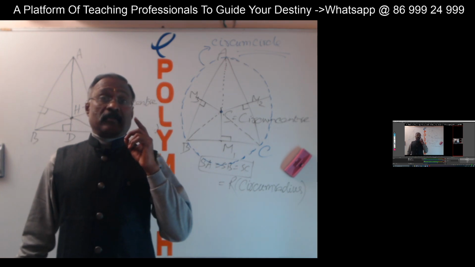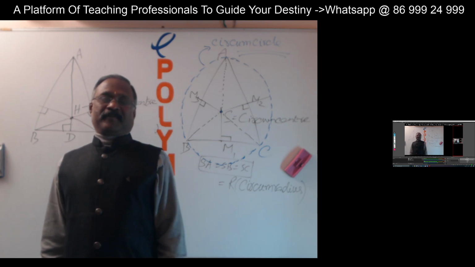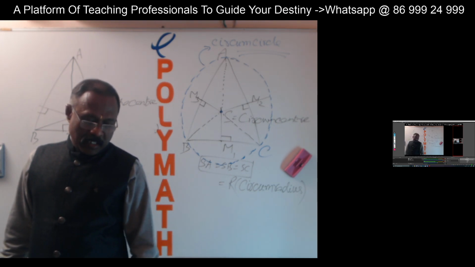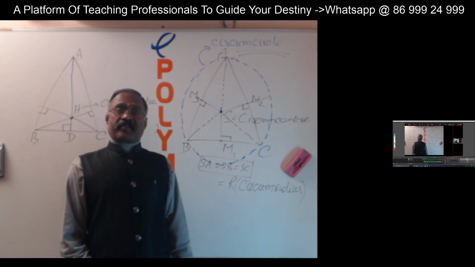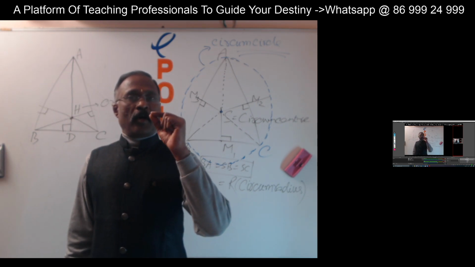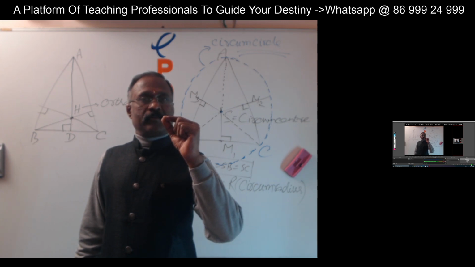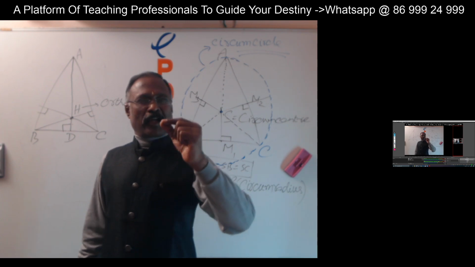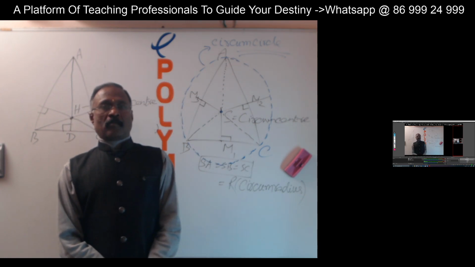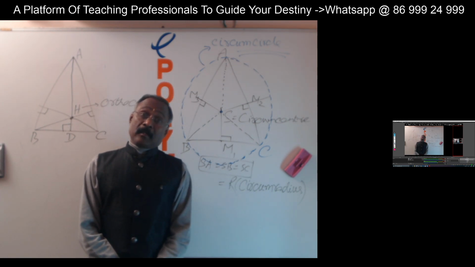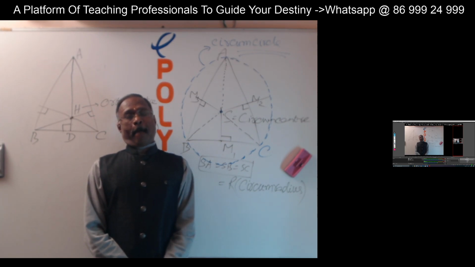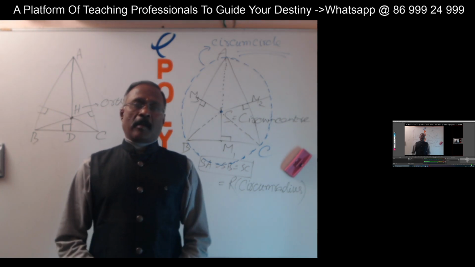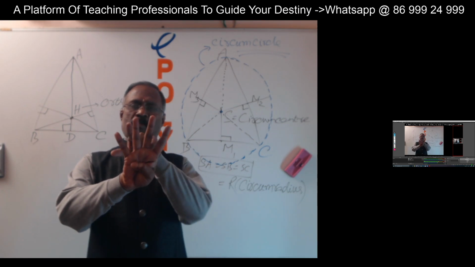Finally, you have the incenter. Incenter is the point of concurrence of internal angular bisectors. See, with regards to incenter, among all these four centers, what are the four centers?